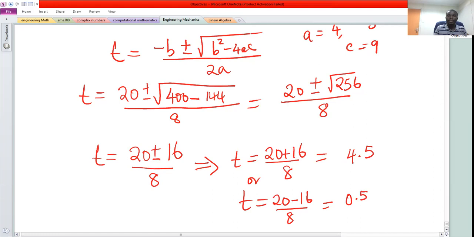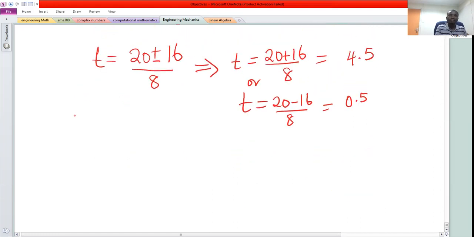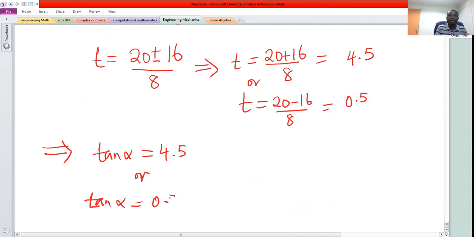But remember, t is tan alpha. So which tells us that tan of alpha equals to 4.5, or tan of alpha equals to 0.5. This one means alpha is arctan or tan inverse of 4.5.